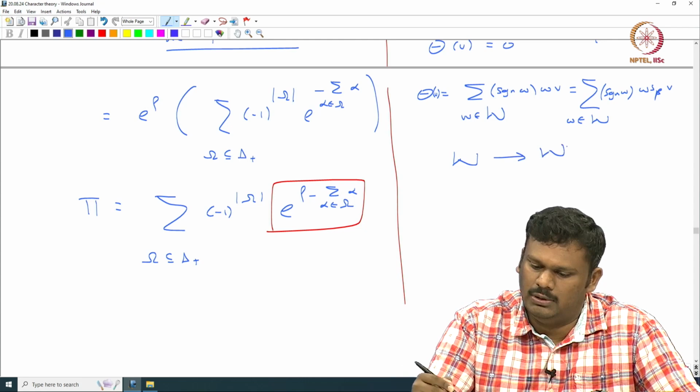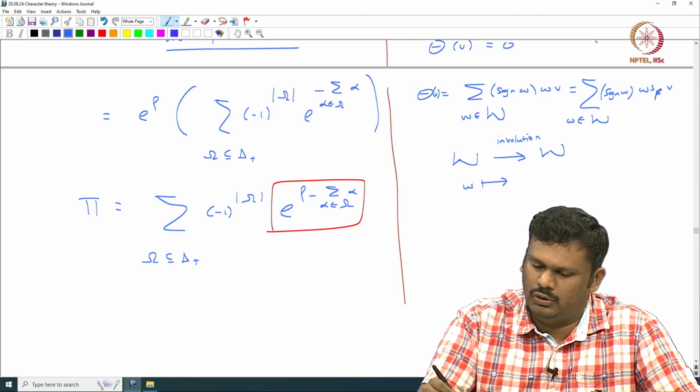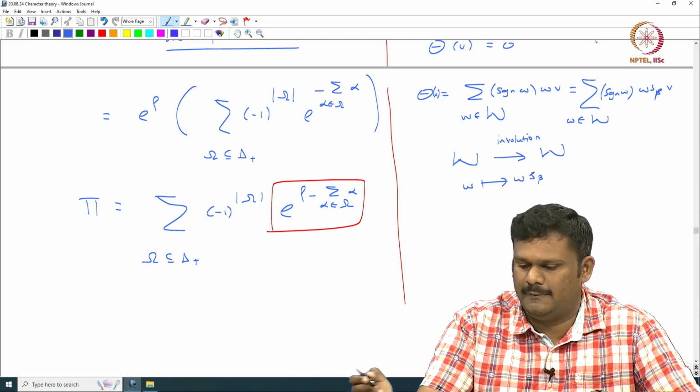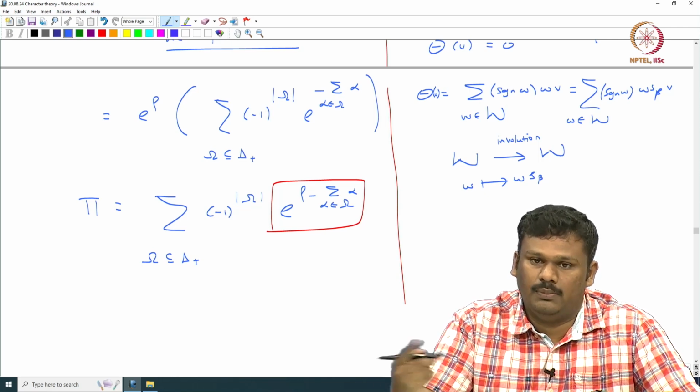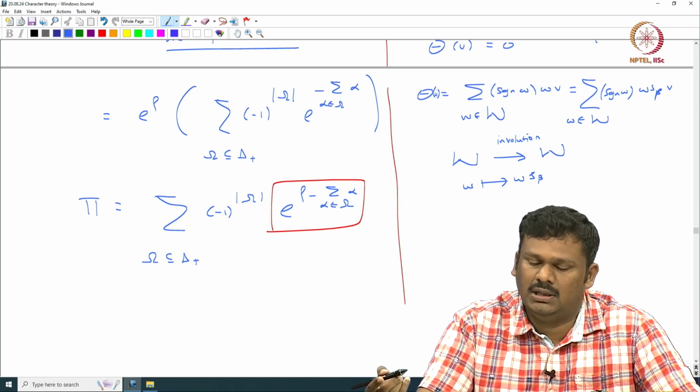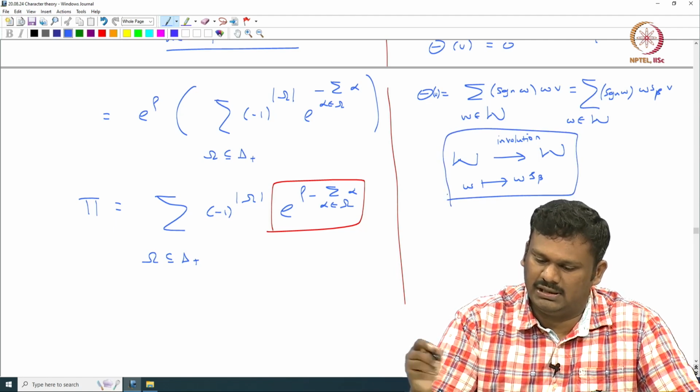So, from W to W you define this involution, which is given by w goes to w s beta. So, it is a natural involution, because if you compose this again, you are multiplying again by s beta, but s beta is a reflection. So, s beta square is going to be the identity. So, that is the map that we are considering.